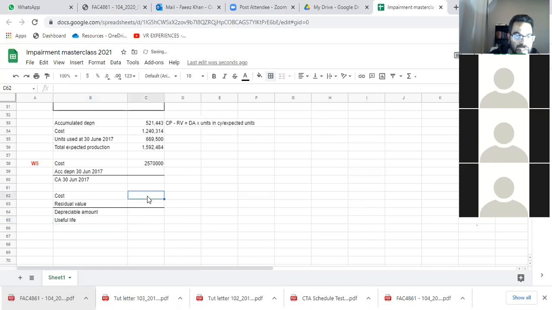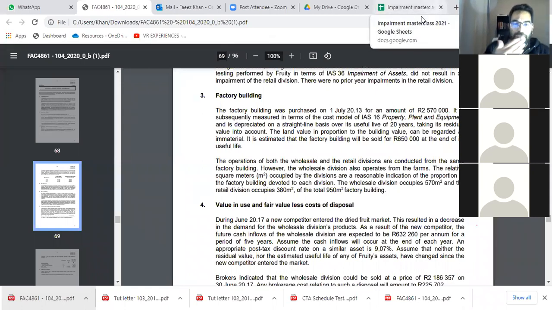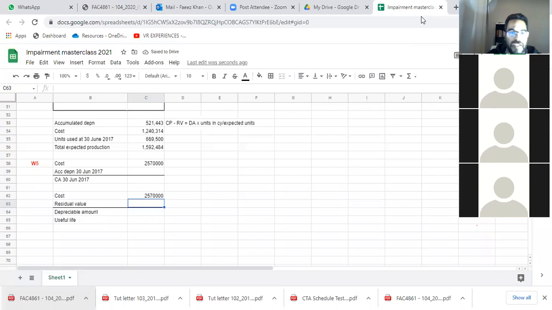Residual value was given to us as 650. Remember the definition of residual value is the estimated price that you will get for selling the item at the end of its useful life. So my depreciable amount is cost minus residual value.